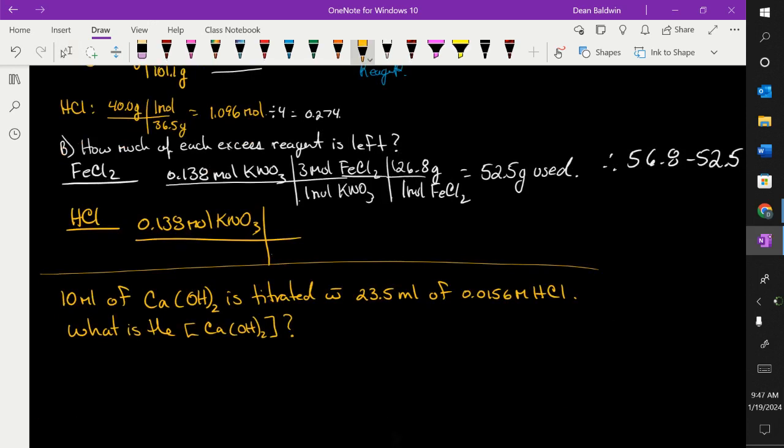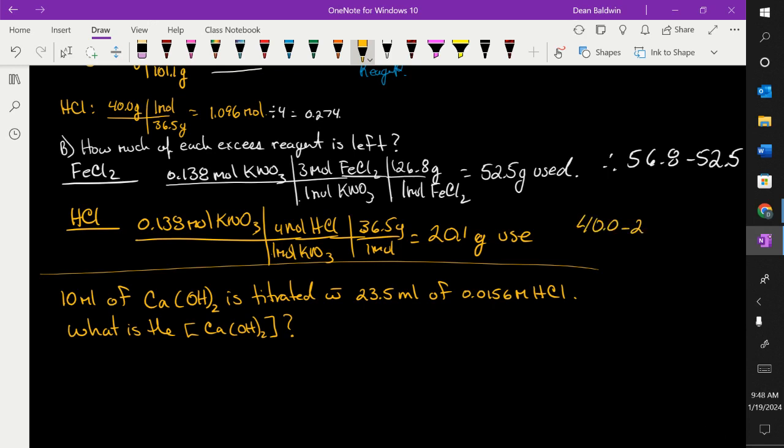So 1 mole KNO3 is 4 moles of HCl. And then you do the molar mass of HCl, which is 36.5, which is 20.1 grams used. So then to subtract that from the 40 that were in there, 19.9 grams of HCl left over.